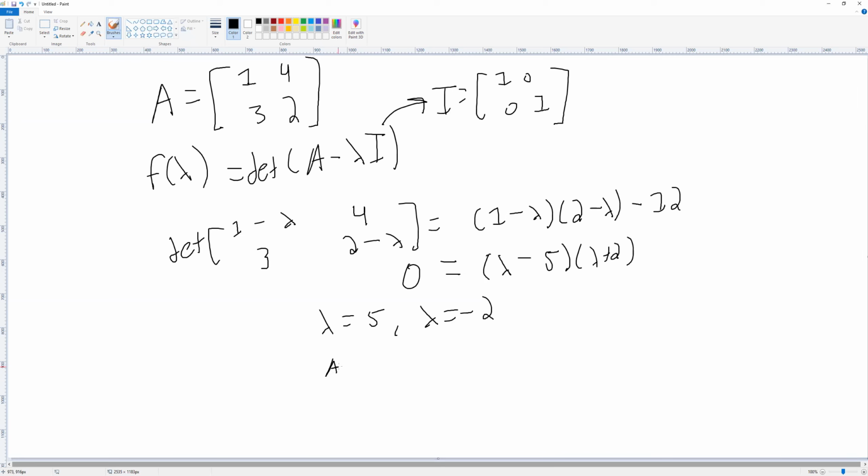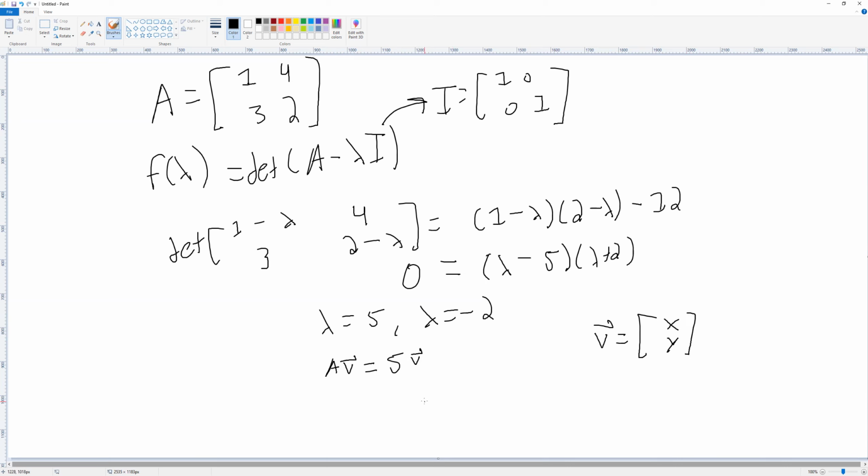So I'm saying that there exists a vector v such that A times v equals 5 times that same vector v. Let's say v equals x and y.